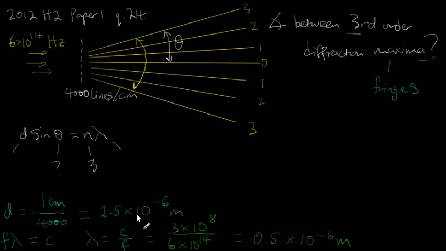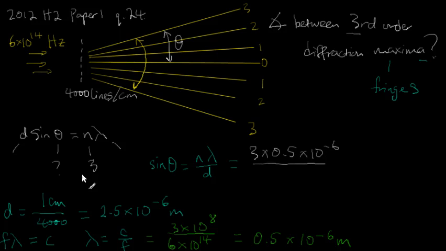So now that we have both d and lambda, we are ready to find theta. Let me rearrange this. So sine theta is equal to n lambda over d. And n is 3, lambda is 0.5 times 10 to the minus 6, divided by d, that's this one, 2.5 times 10 to the minus 6 of a meter.